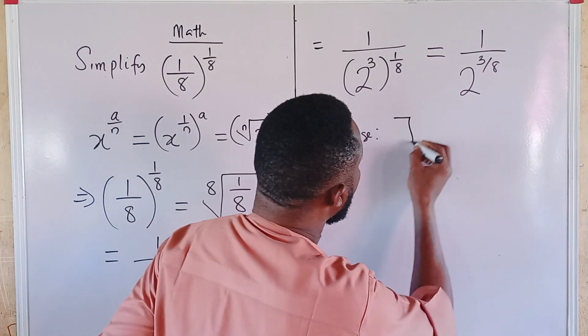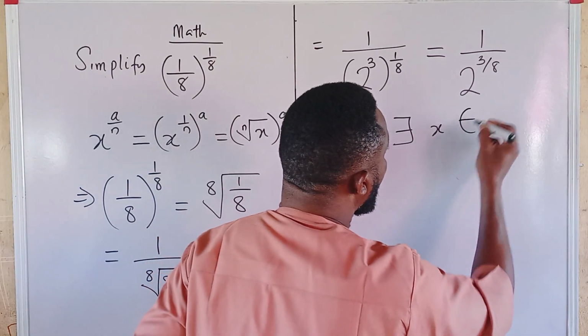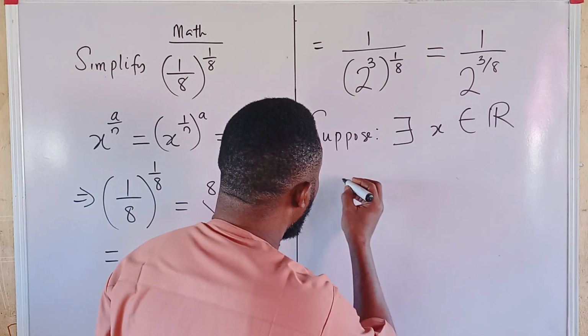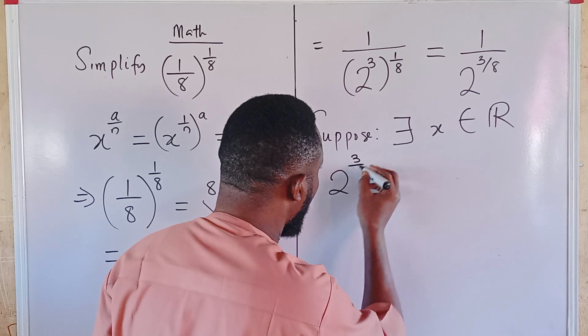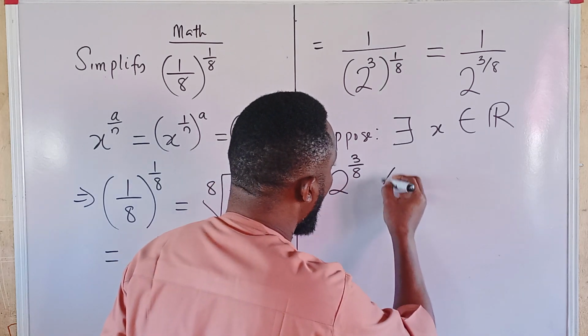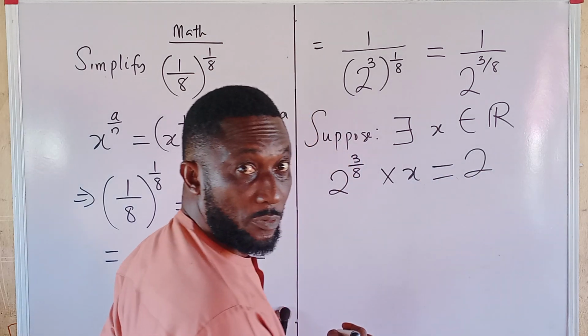Suppose there exists a number, say x, which belongs to the set of real numbers, such that 2 raised to the power of 3 upon 8 multiplied by x is equal to 2.